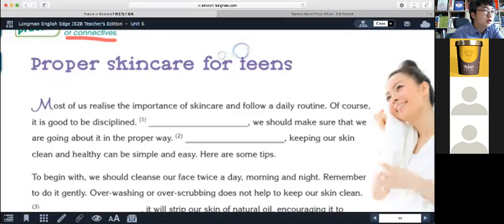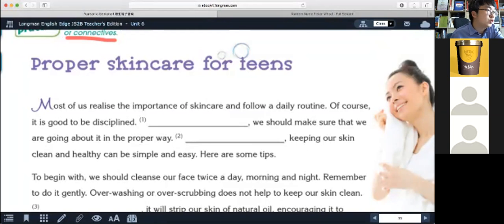Look here. The answer is not likewise. Do you still remember when to use likewise? When we make comparisons, when we compare two similar things. But look at the first sentence: Most of us realize the importance of skincare and follow a daily routine. Of course, it is good to be disciplined.